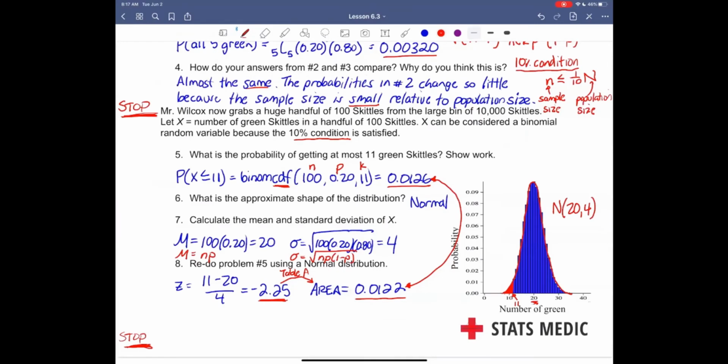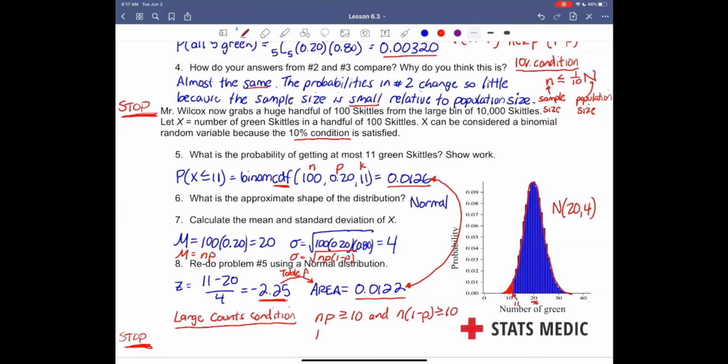So from the applet, we've come up with what's called the large counts condition. So let's go ahead and record this here. So for the large counts condition, what we decided was that n times p has to be greater than or equal to 10, and n times 1 minus p has to be greater than or equal to 10.